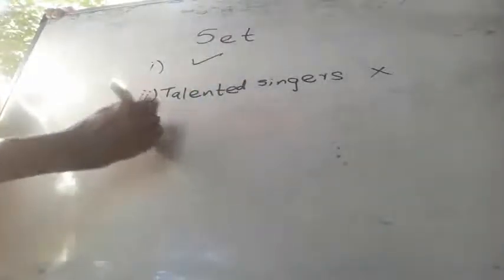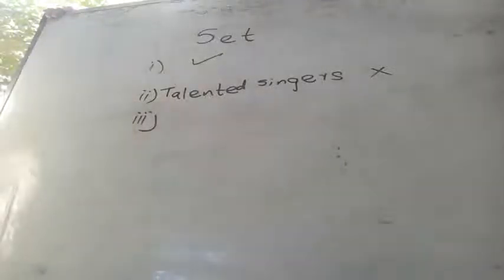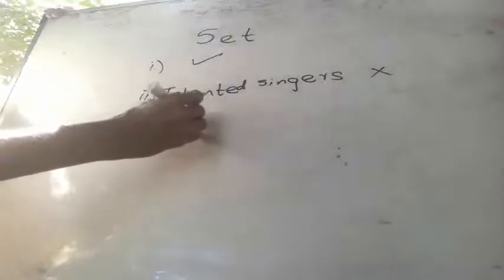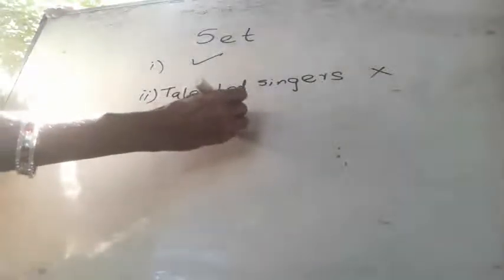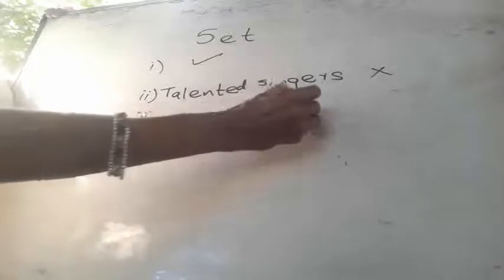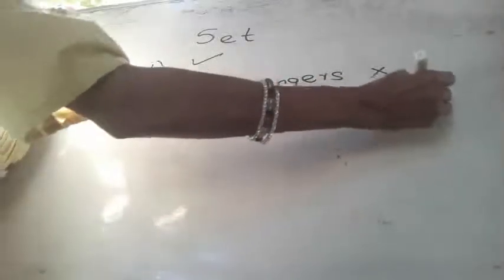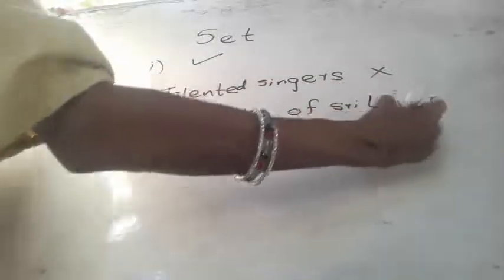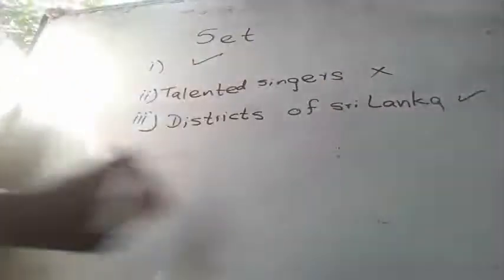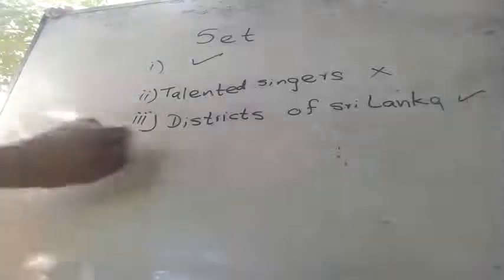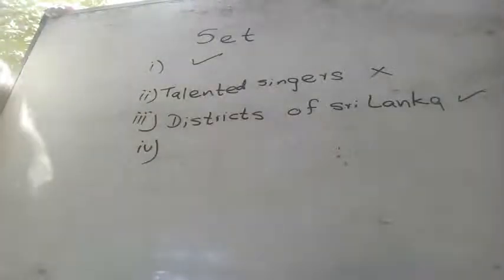Third one: districts of Sri Lanka. Yes, we can clearly identify them. It is a set. Fourth one: beautiful flowers.